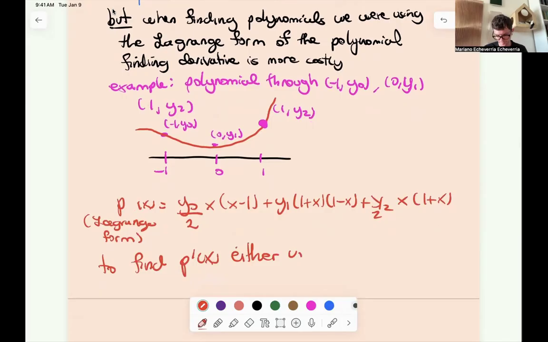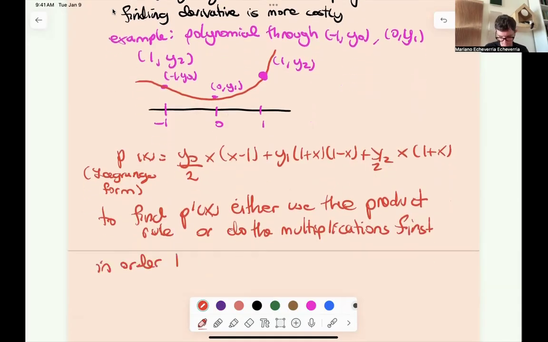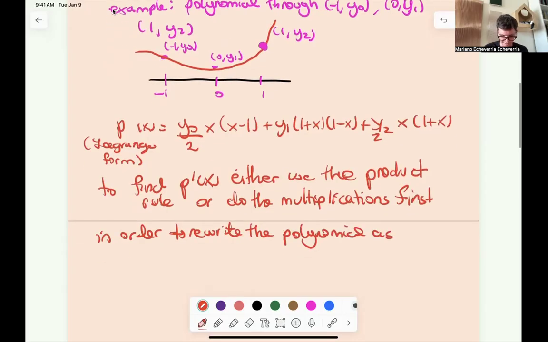Either use the product rule, or you multiply out everything first to combine terms, or do the multiplications first in order to rewrite the polynomial as something like C0 plus C1x plus C2 x squared.